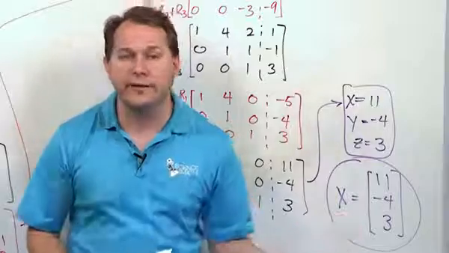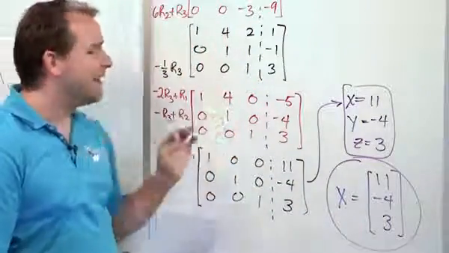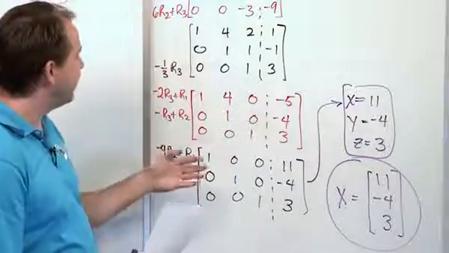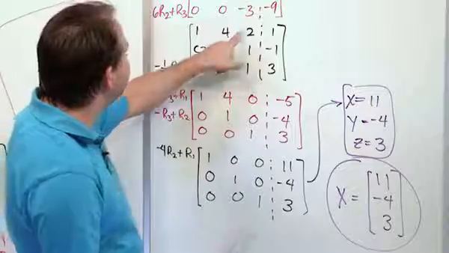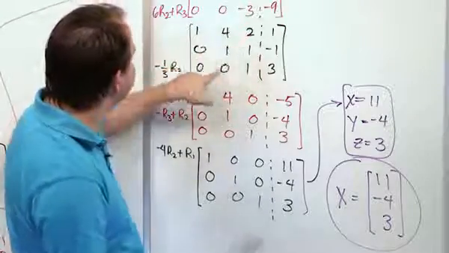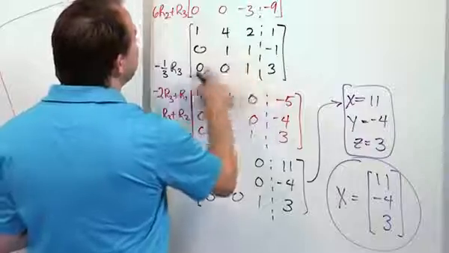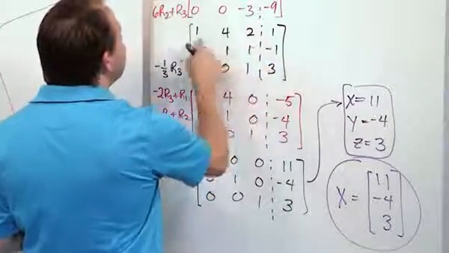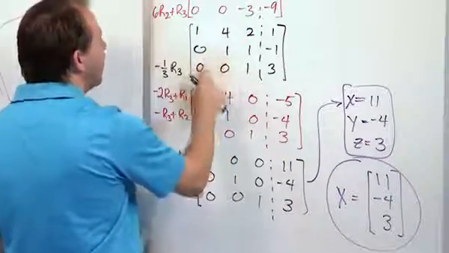There may be other ways that you like doing it, but I will tell you this, that if you follow different paths, sometimes you can get into trouble. For instance, if you start trying to do things a little bit too early, like if you try to get zeros up here before you've done things down here, notice how when I'm multiplying this times something and adding it here, I'm not screwing up what I've already achieved with this 0 here because I already have zeros down here.